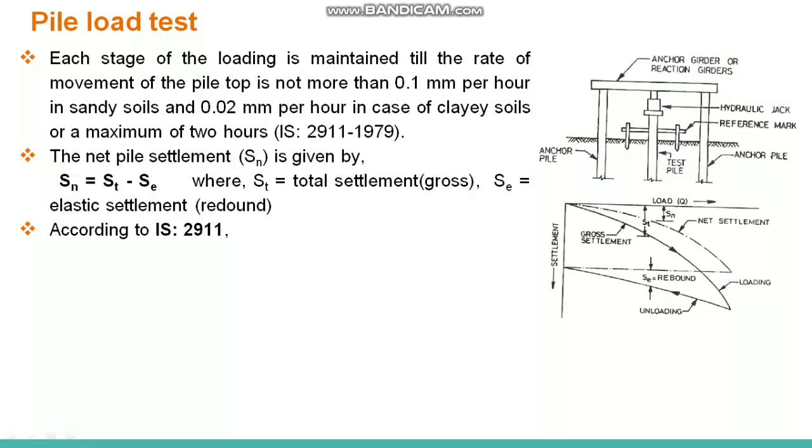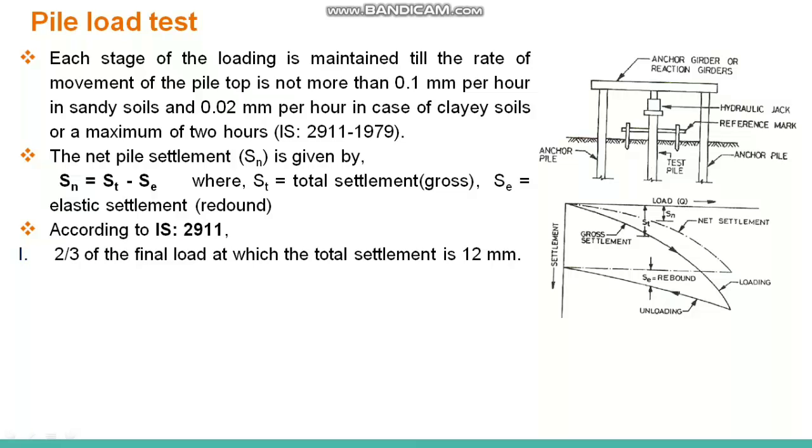Now according to IS 2911, and this is very important, how we will select the load carrying capacity of a pile, how we will select the safe load. So there are three criteria. One, 2 by 3 of the final load at which the load settlement is 12 mm.